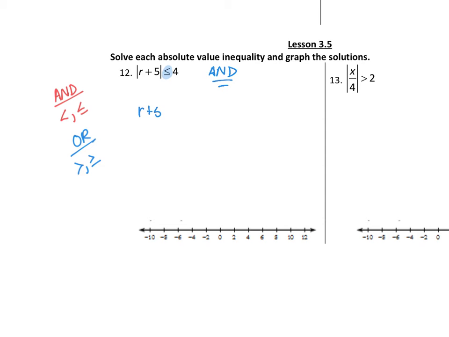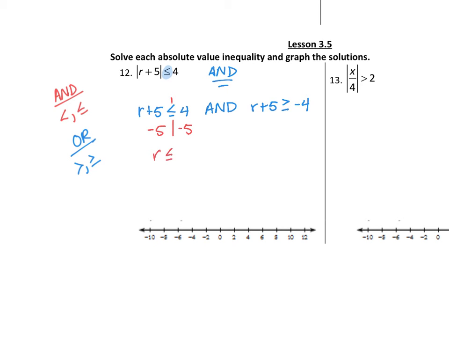We're going to end up with r plus 5 is less than or equal to 4, and r plus 5 is greater than or equal to negative 4. Then I solve each one of these by subtracting 5.